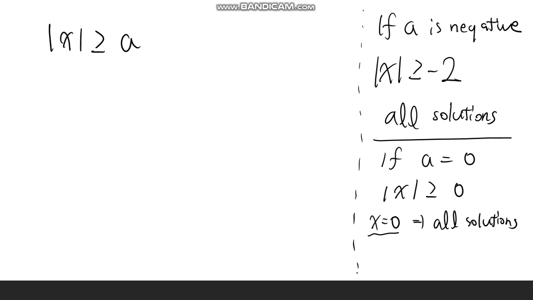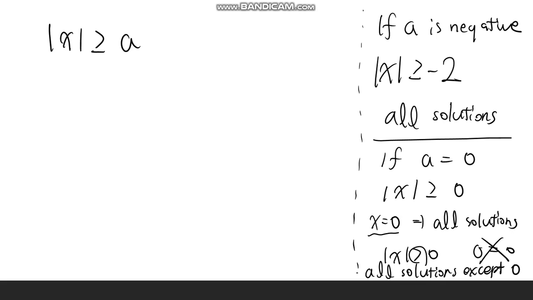But you need to differentiate between this and this. What this means is that the distance between x and 0 is greater than 0, not equal to. In this case, all solutions except 0, right? Because if x was 0, then it should be this, but it only contains this, therefore it cannot be the case.